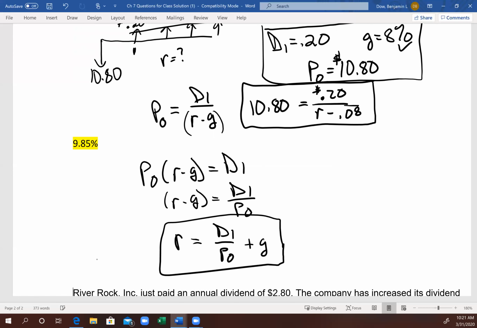And so now they were given that you expect 20 cents in dividends next year, the valuation you came up with was $10.80, and the growth rate is 8%.